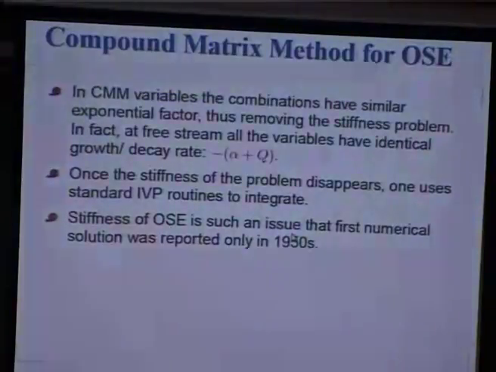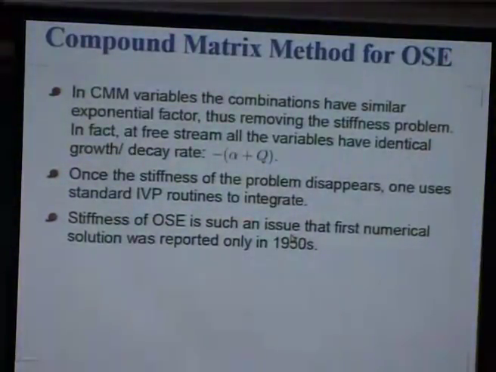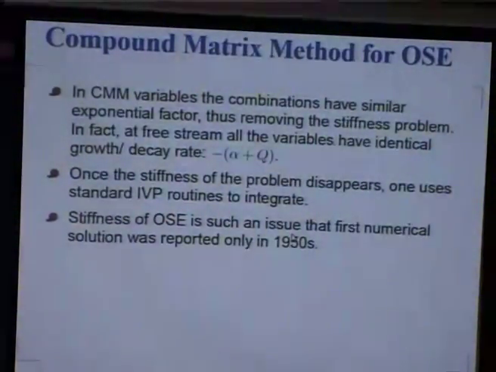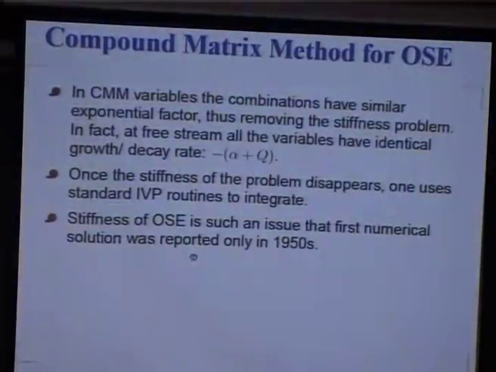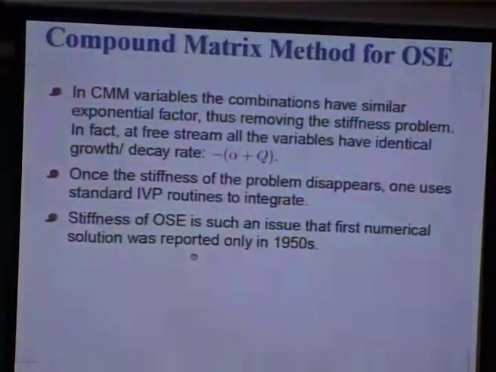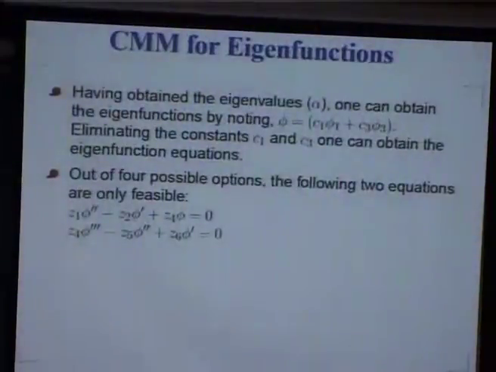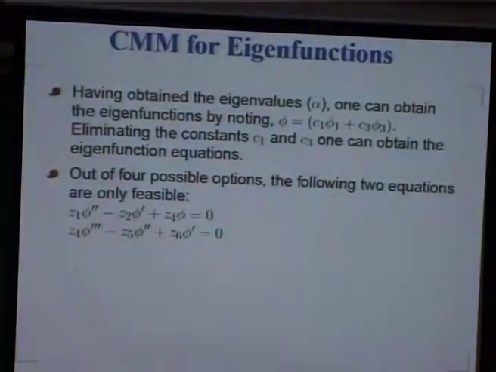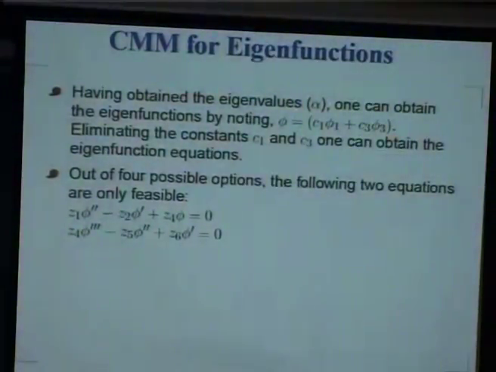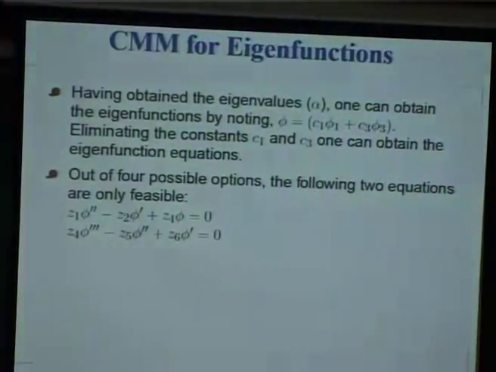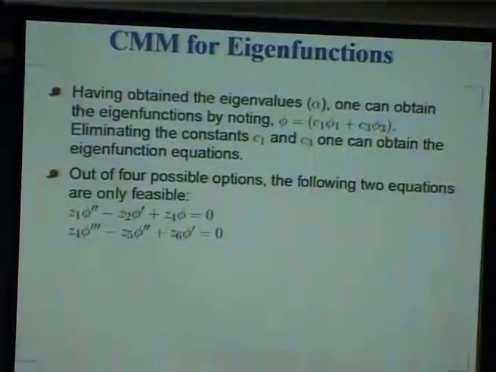And as I also told you, by some other method, people obtained this solution for the first time in 1951. So, I suppose that leaves us with the task of figuring out what the eigenfunctions are. For example, if I have the eigenvalue alpha, I could obtain the eigenfunctions which are nothing but the phi themselves, right, the phi itself.